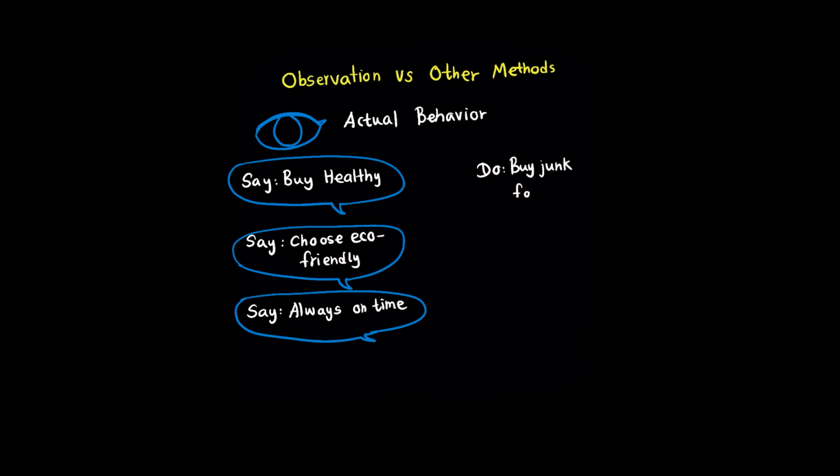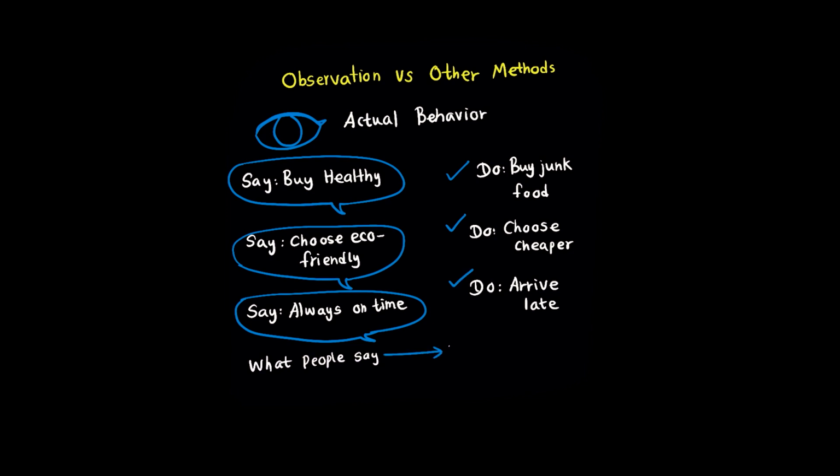You watch customers actually reaching for junk food despite claiming healthy preferences. You see them choosing the cheaper option over the eco-friendly one. This gap between stated and actual behaviour is why observation is so valuable. It provides direct evidence of real behaviour patterns, unfiltered by self-perception or faulty memory. Observable actions tell the truth.